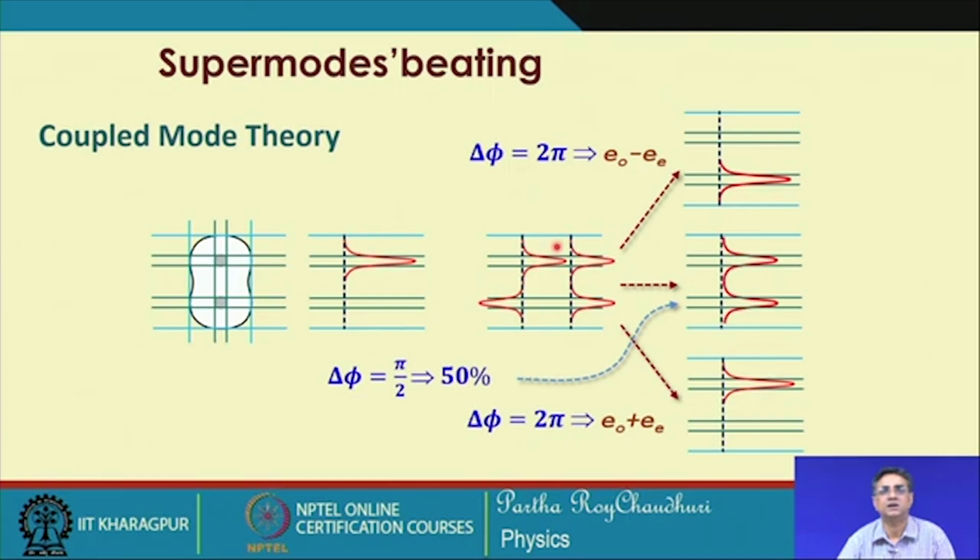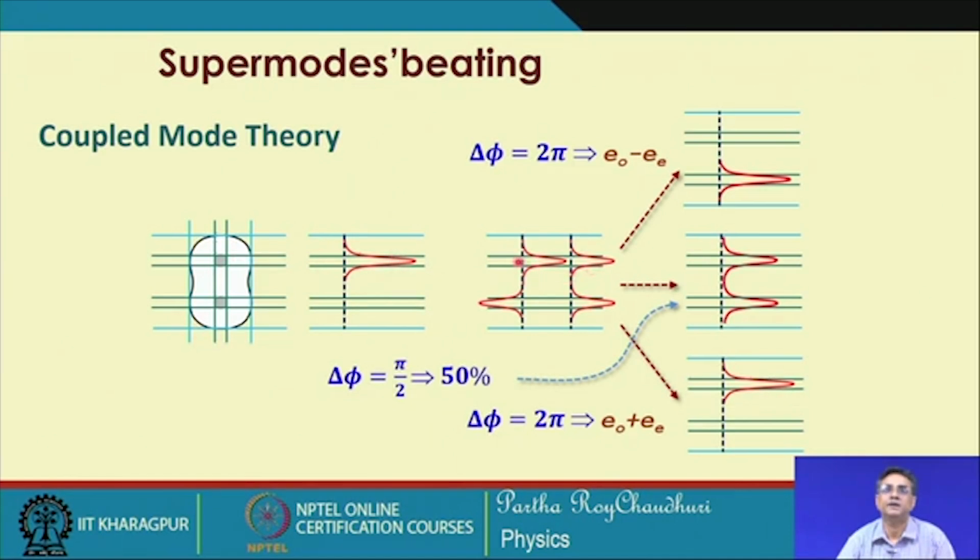This total structure can have the fundamental mode like this and the first order mode like this. So, these are the two lowest order modes of the complete, composite structure, not the individual structure.